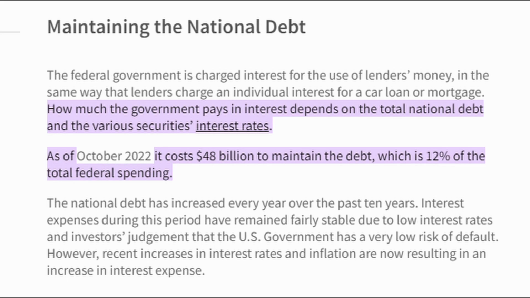So this essentially means we mainly just pay the interest on the debt, and this makes up 12% of our annual tax revenue. That means every time you give the government $1, they're spending 12 cents just on interest for their loans. And as I'm sure you can figure out, this will just steadily increase over time.